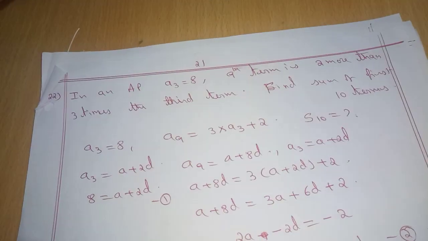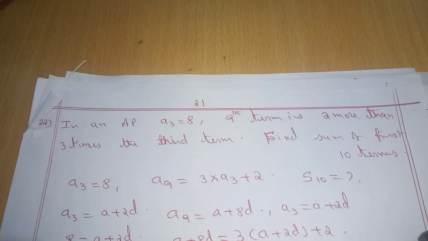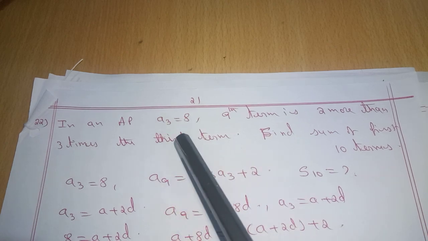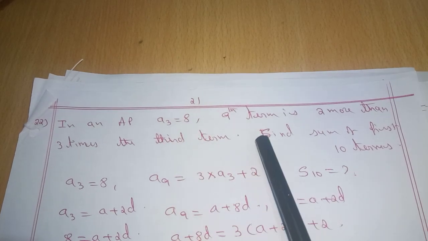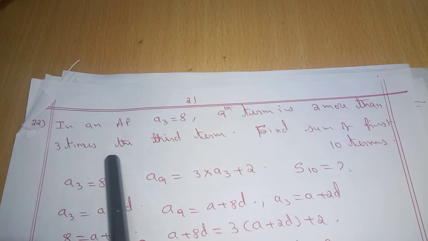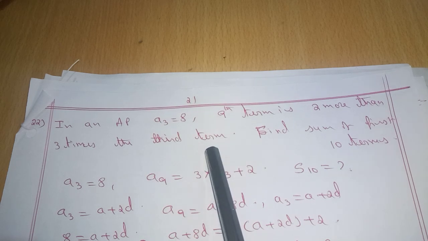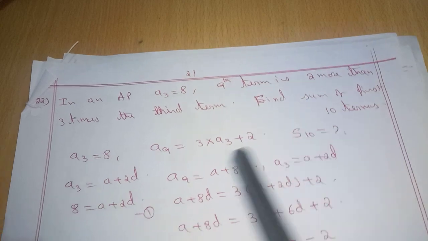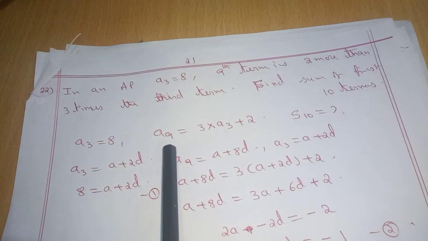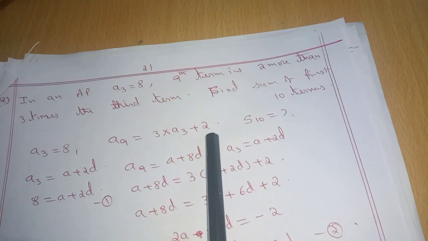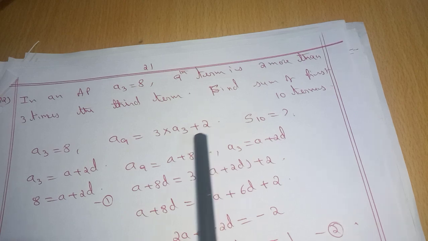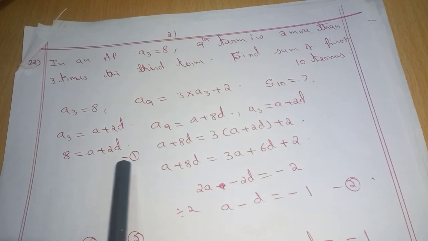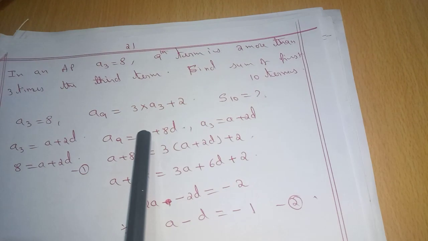Then we solved one sum. Third term is 8, ninth term is 2 more than 3 times the third term. Find the sum of first 10 terms. A3 is 8, A9 is equal to 3 A3 plus 2. A plus 2d is equal to 8 will be the first equation.